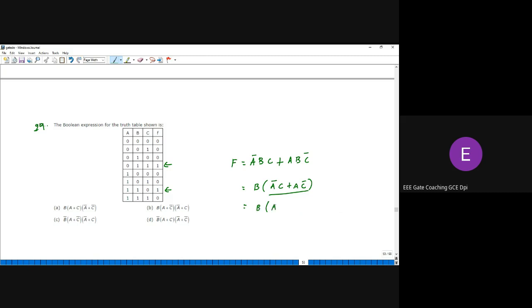E into A bar plus A into... If I solve this one for 0 1 1, okay, A B C, this one is 1 and this is 1, this is also 0.